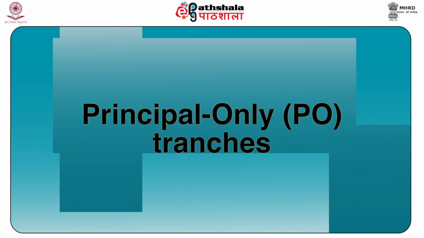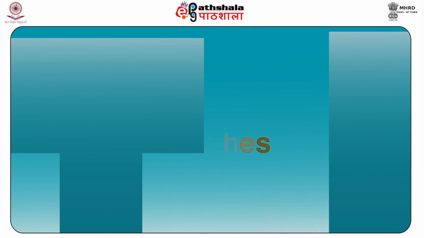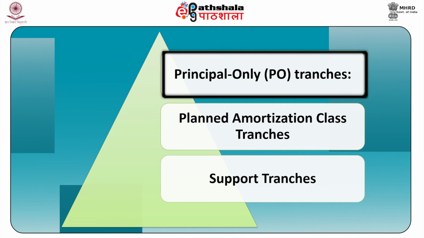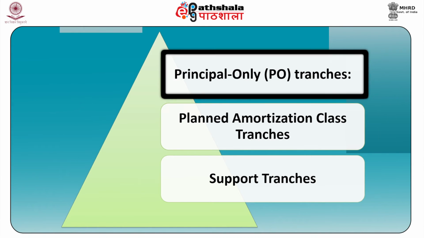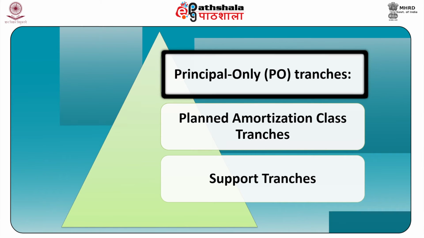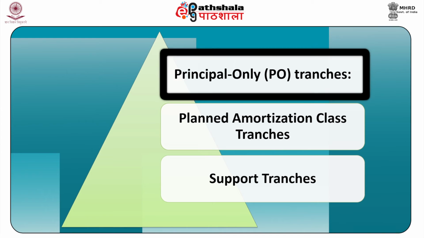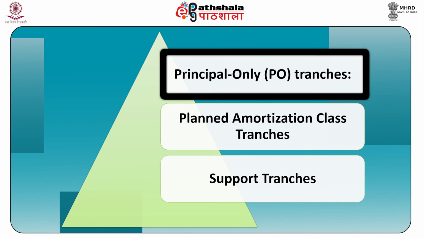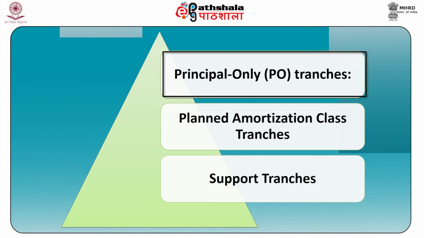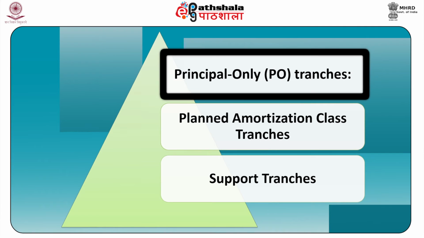Fifth, principal only tranches. Some mortgage securities are created so that investors receive only principal payments generated by the underlying collateral. The process of separating the interest payment from the principal payment is called stripping.